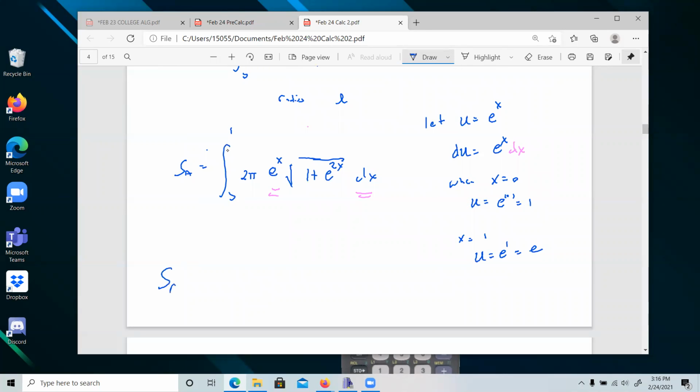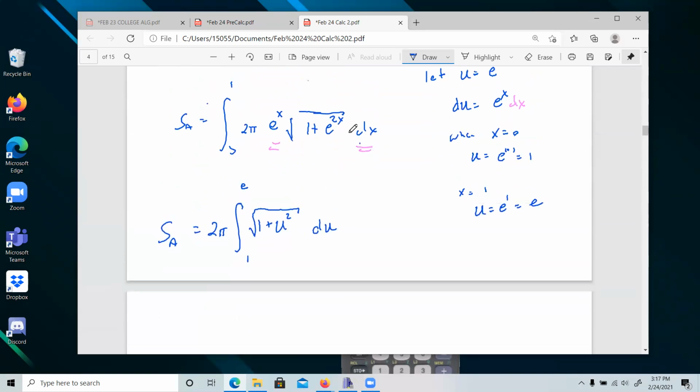So we have surface area is equal to 2 pi times the integral from 1 to e of the square root of 1 plus u squared, and e to the x dx is du. That's why I let u equal e to the x, because I knew we were going to have this thing going on, that the du for e to the 2x is going to be 2 e to the 2x. That will help.